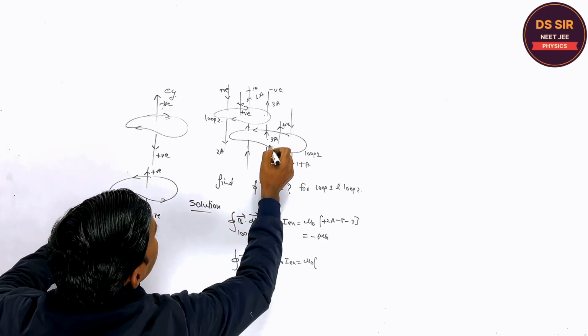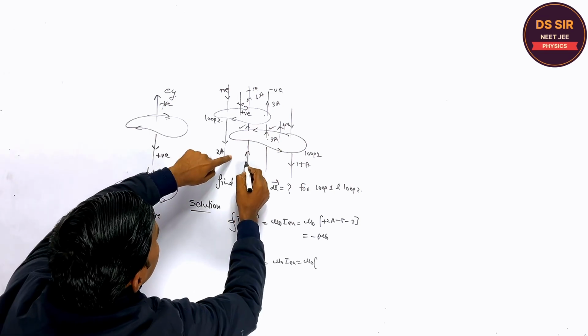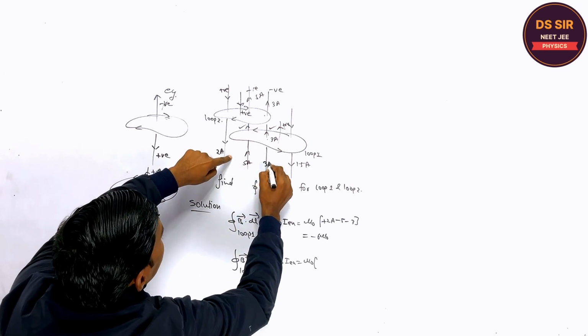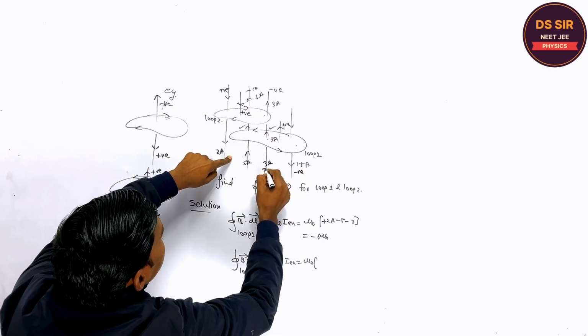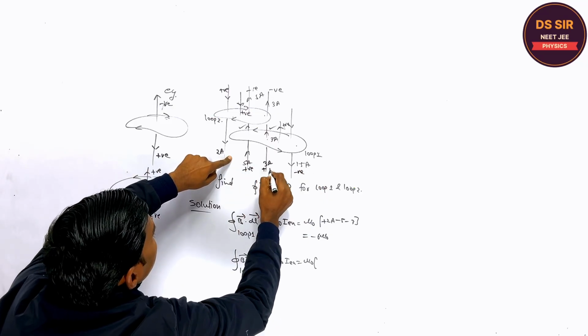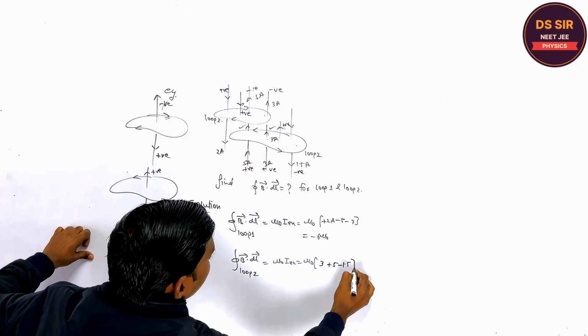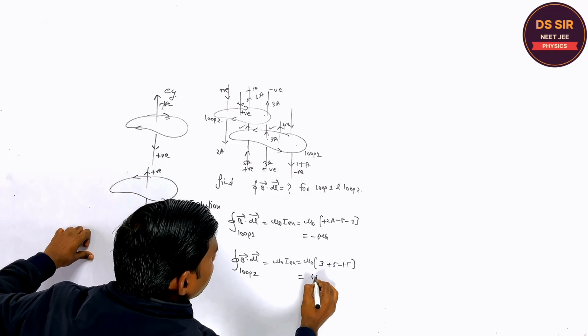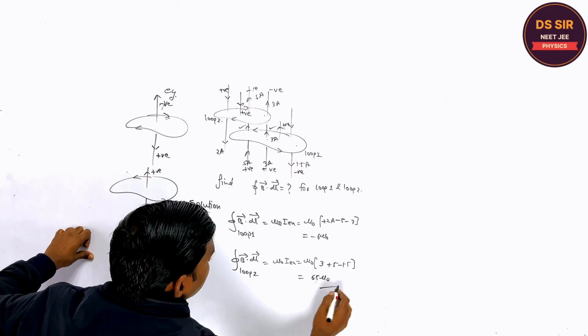So if you consider this is positive, this is positive and this is also positive. So it is 5 ampere, it is 3 ampere, and this is negative, positive, positive. So it is equal to 3 plus 5 minus 1.5. So 6.5 mu naught is the correct answer.